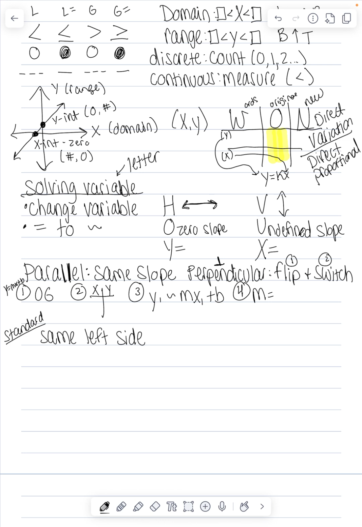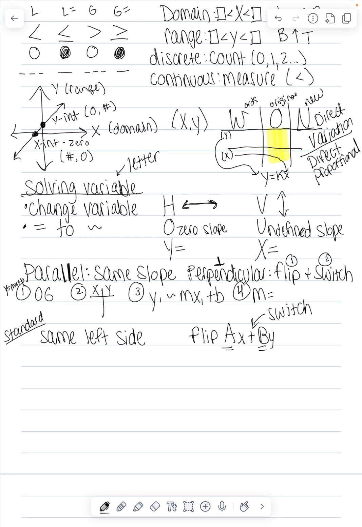And for perpendicular, we flip the A and B, and we switch the sign. And then you just plug in whatever points they're giving you.